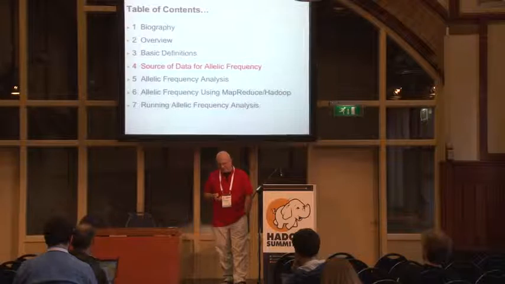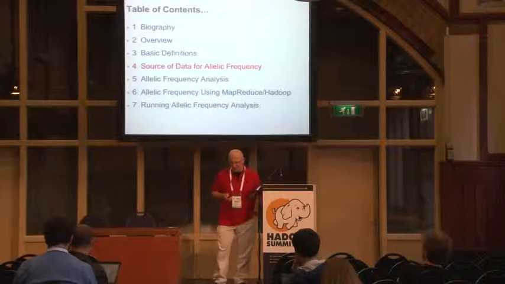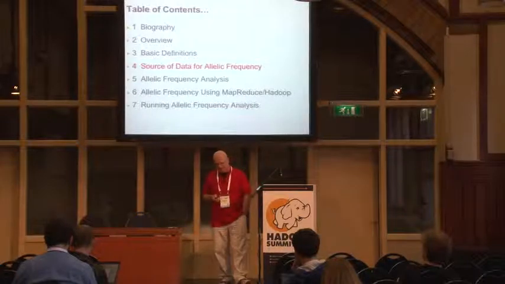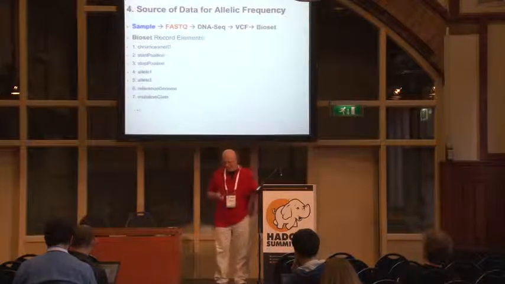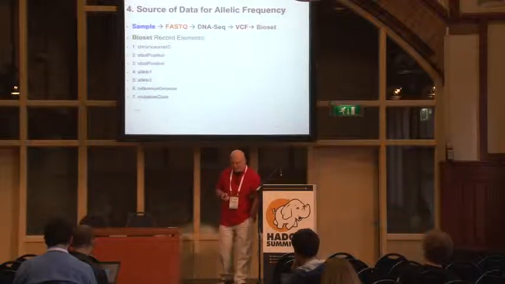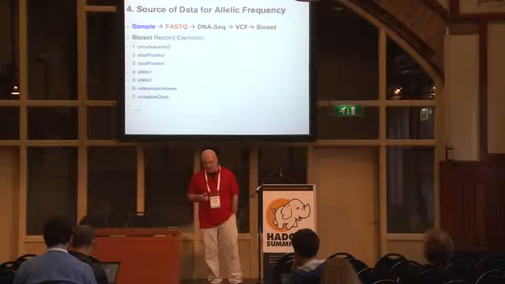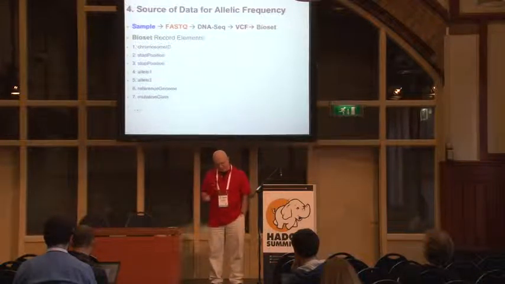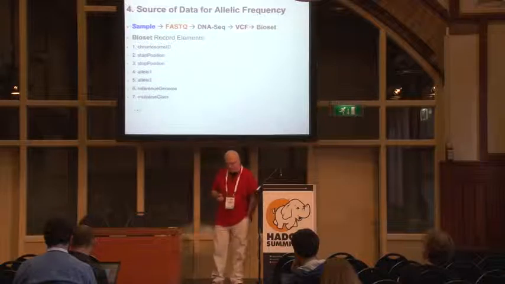Next, I will talk about the source of data for allelic frequency, that is, in order to do the allelic frequency, what kind of data we need. As I mentioned before, a patient sample converts to a FASTQ file. The FASTQ file converts to DNA sequencing, and finally to VCF, finally to Bioset.